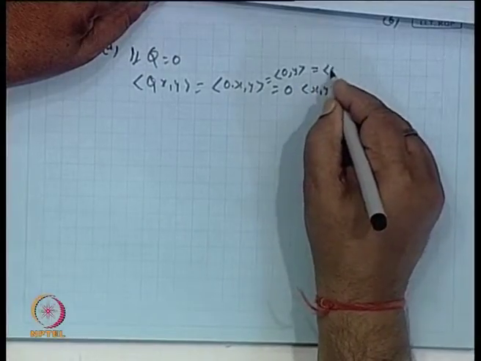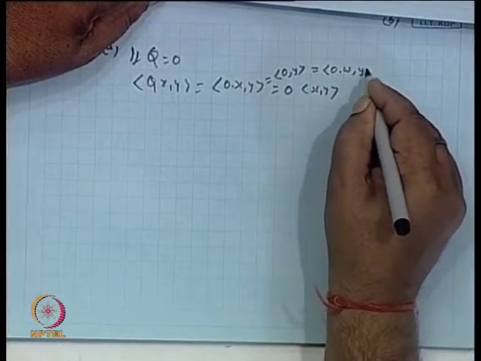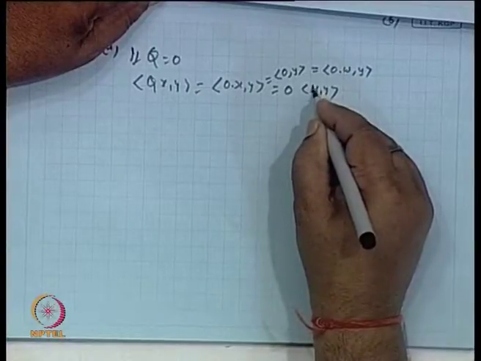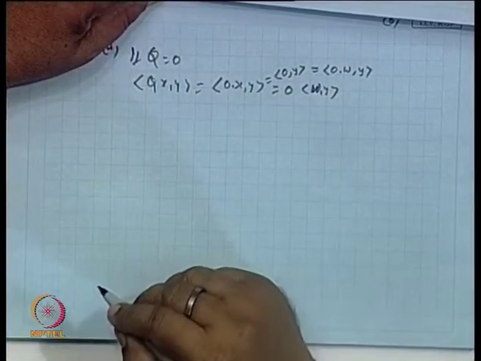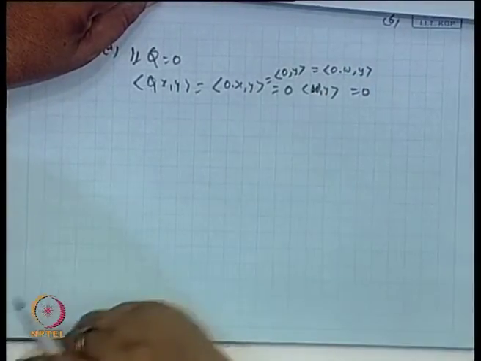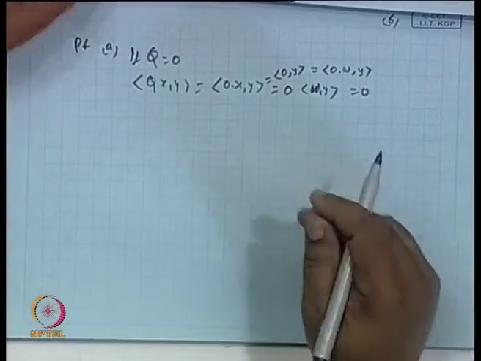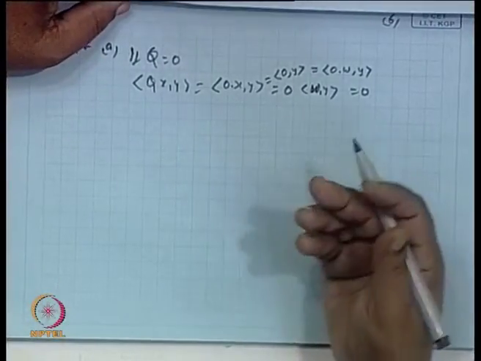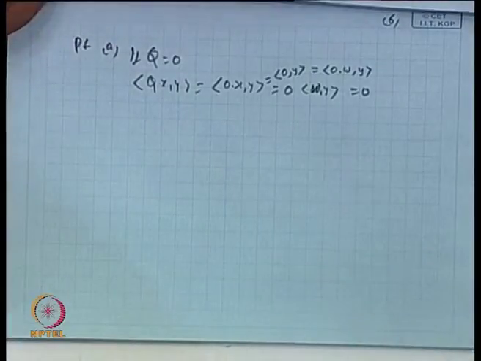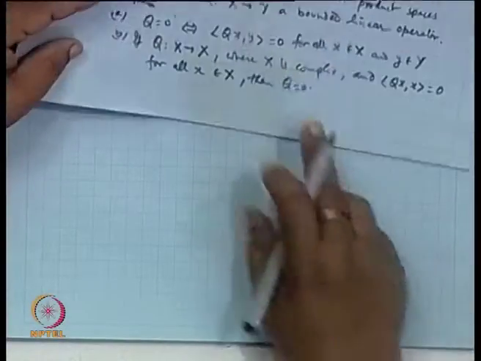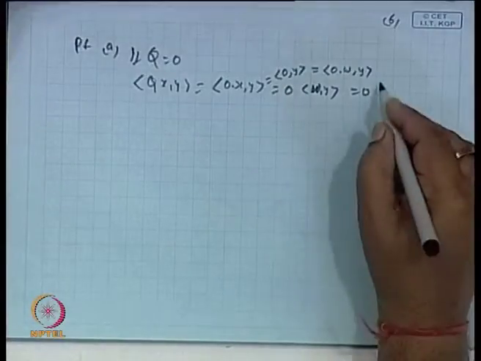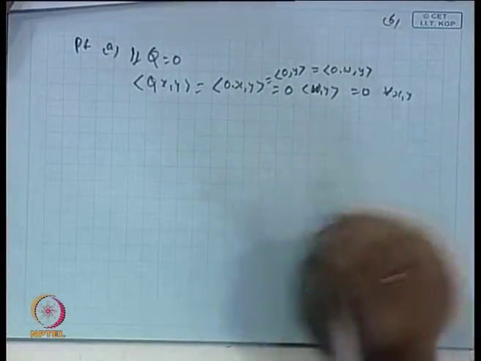Now, it will be written as 0 into w comma y, now 0 you can take out, now this is 0. One of the coordinates is 0 means the entire thing is 0, that is it. So, this is 0 for all x and y.